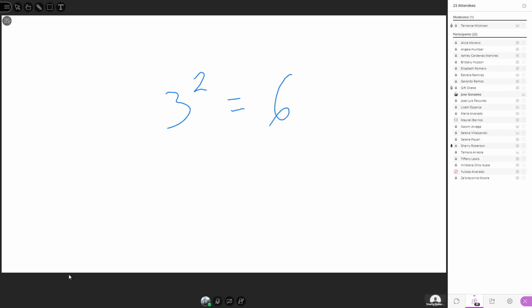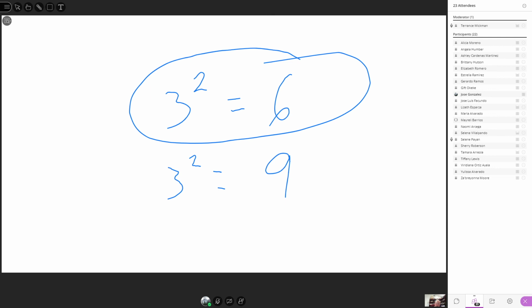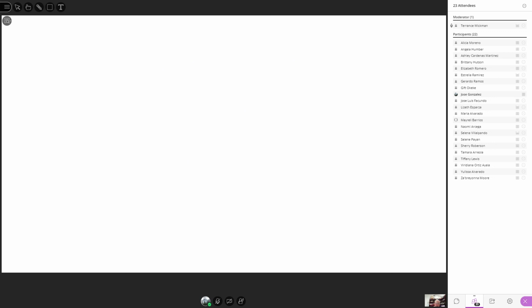It's not 9. But people will do this all the time because they don't know. In my other class, especially. Also, in exponents.